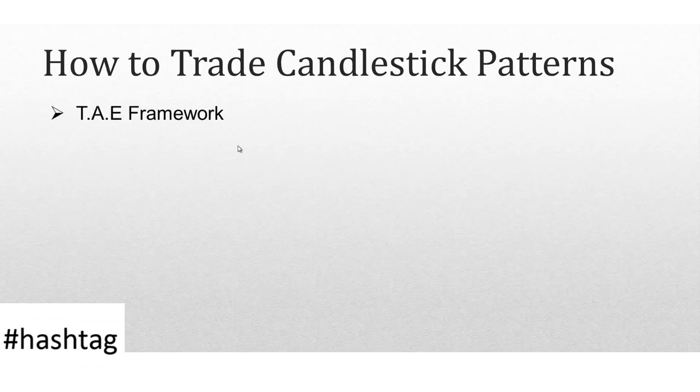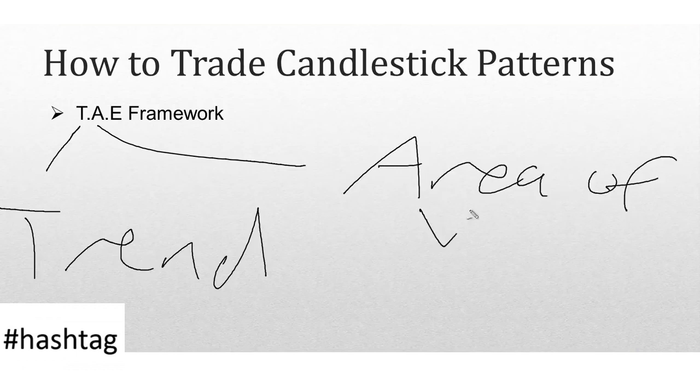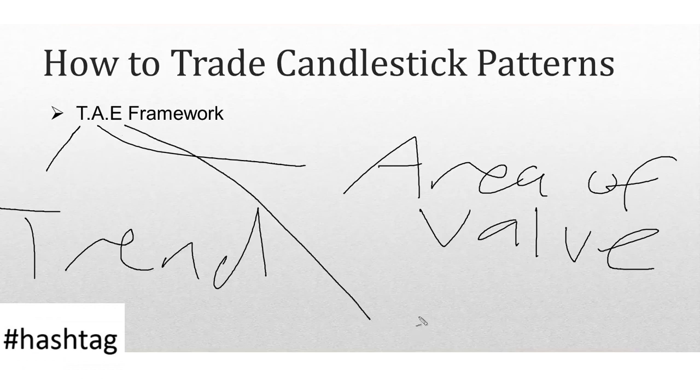I would like to introduce to you something I call the TAE framework, the TAE framework, alright? So what is TAE? TAE stands for trend, A is area of value, and E stands for entry trigger.